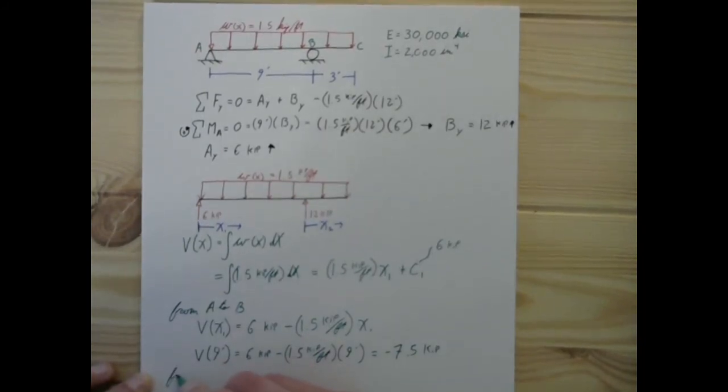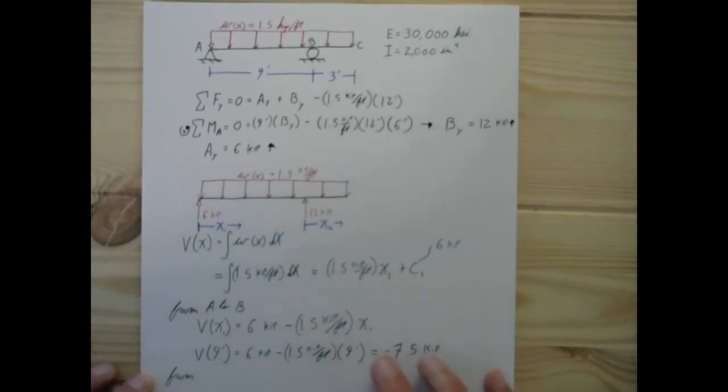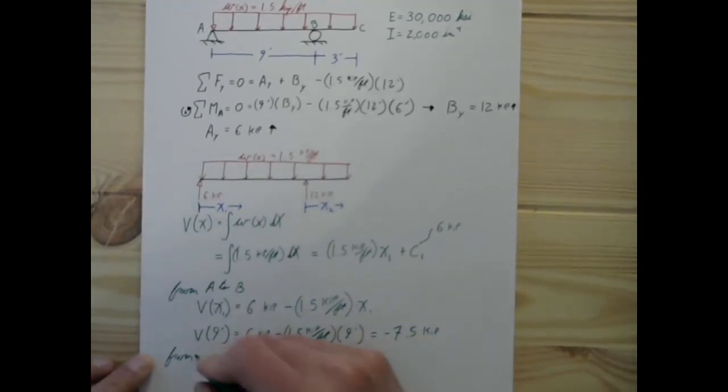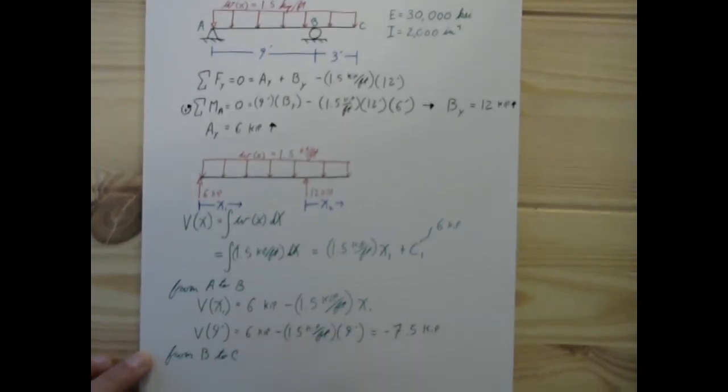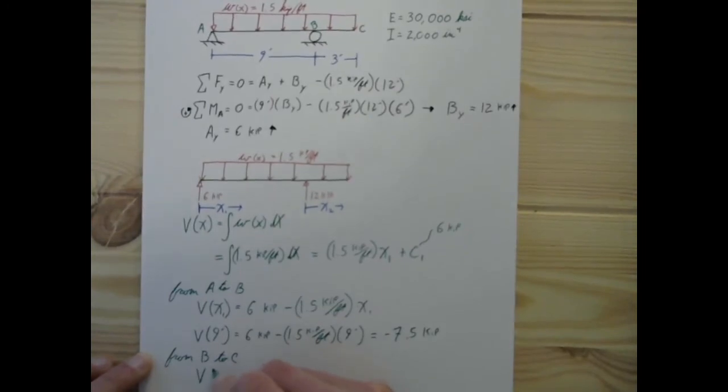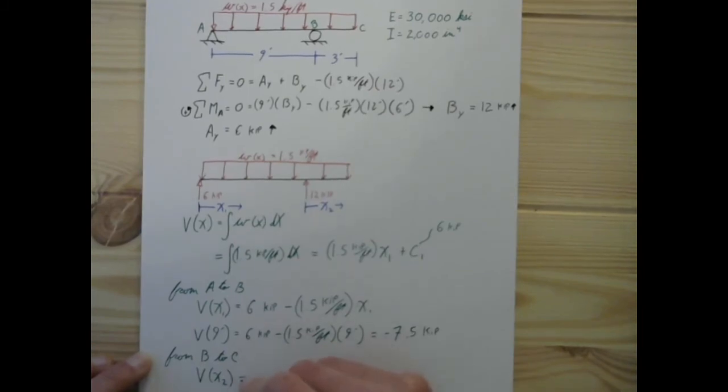So from B to C, we're going to have our shear be a function of x2, and it's going to be equal to 4.5 kips minus 1.5 kips per foot, keeping track of all those units, times x2.